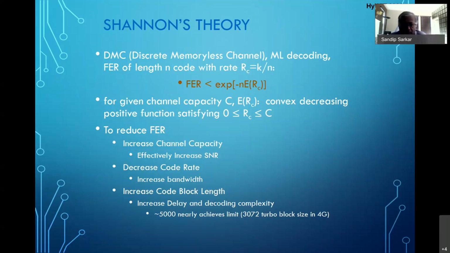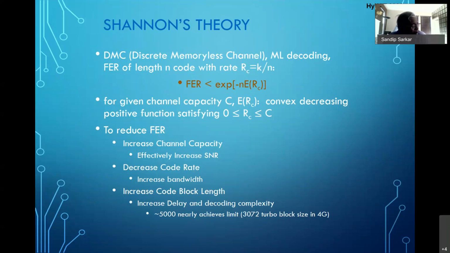Now, increasing channel capacity is something that we can't really do much, because we can increase SNR up to a point, but then we are power limited. So beyond a point we can't really improve power, and noise you cannot do anything about. Noise, whatever there is, there is. So the total power of noise you can't change.